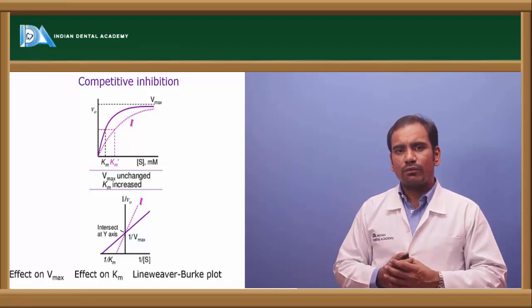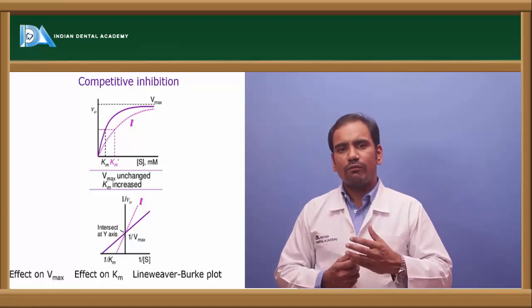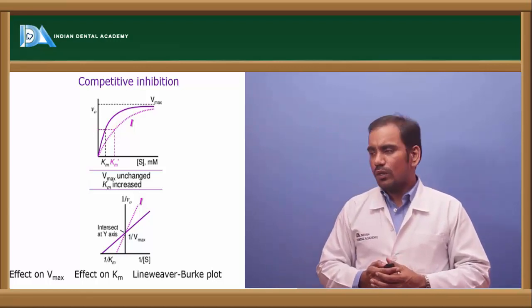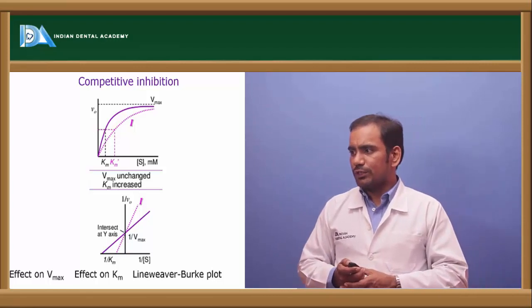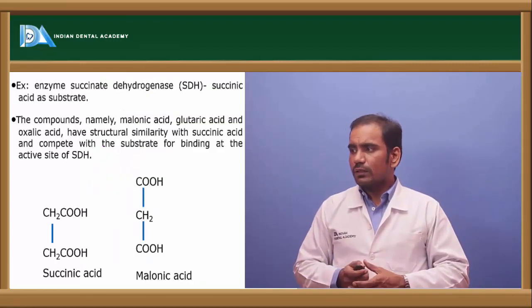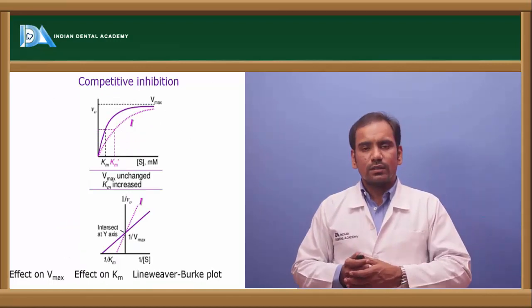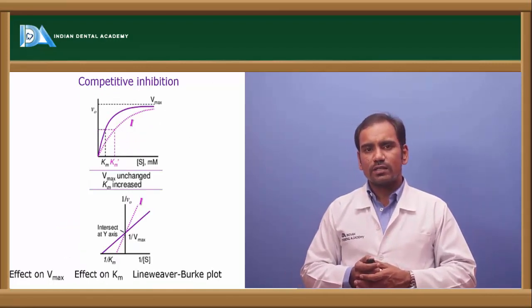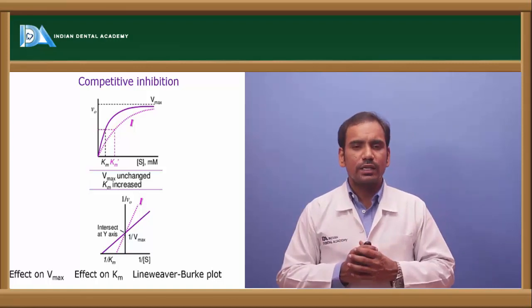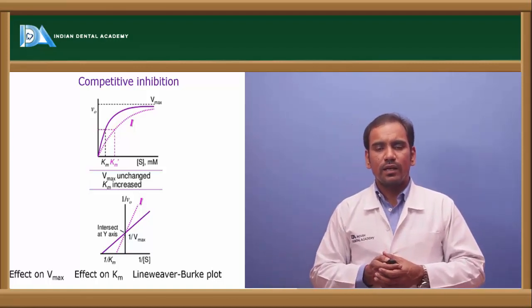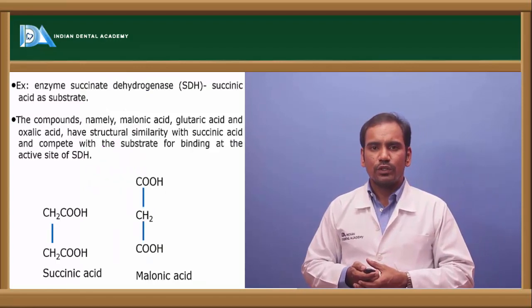In this picture you can see no change in velocity maximum, but an increase in the Km value in the presence of competitive inhibitor.